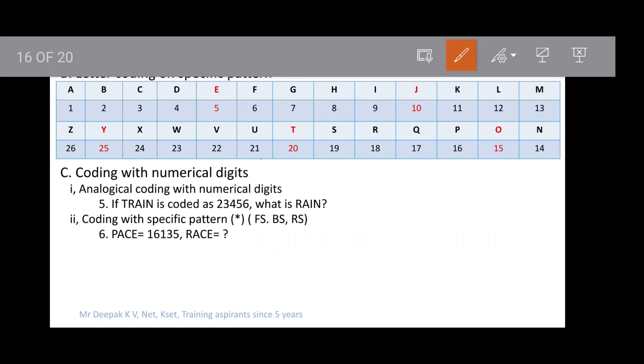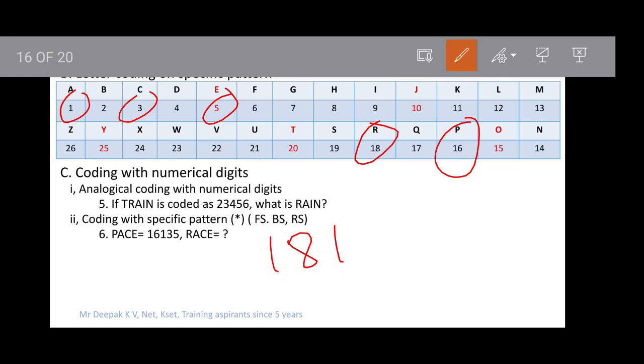P's number is 16 itself, S's number is 1 itself in the forward sequence, C's number is 3 and E's number is 5. So that is why I told if you write this particular chart, then the problem solution will become very easy. The letter's forward sequence number is written in the code, so R's number is 18. The answer can be 18, 1, 3, 5.